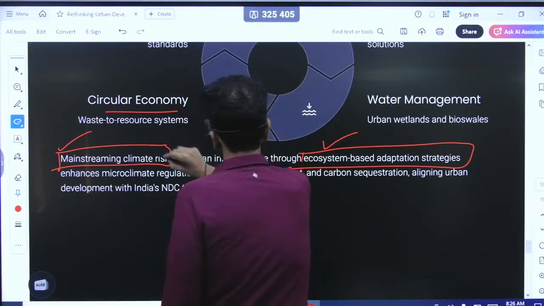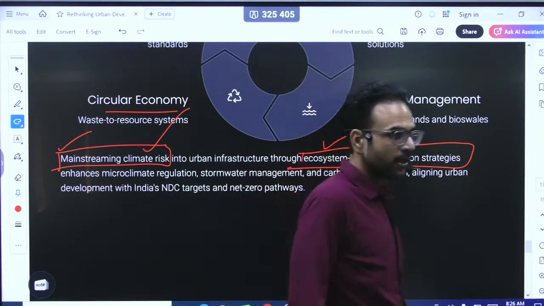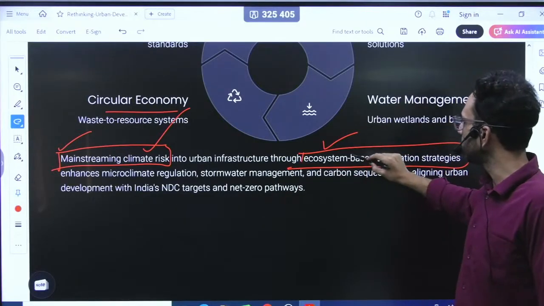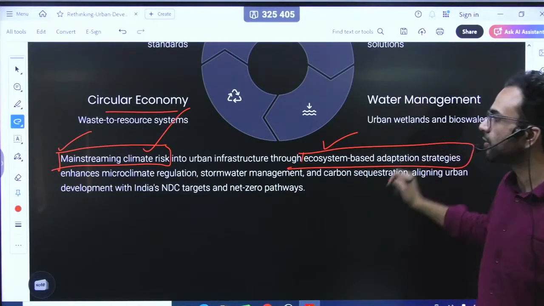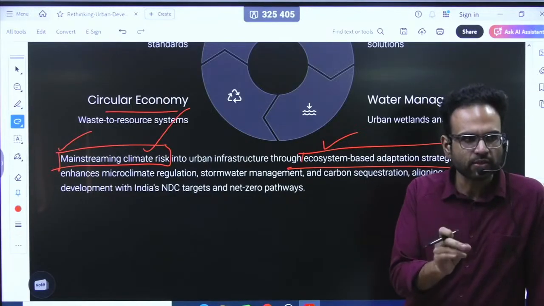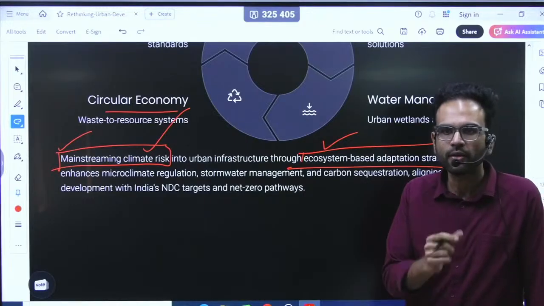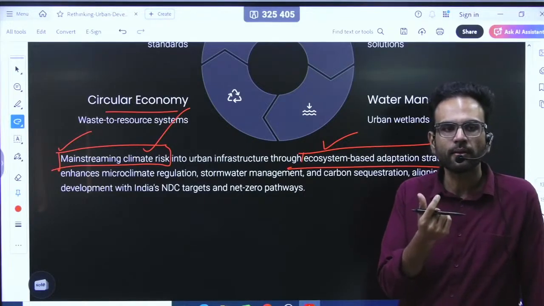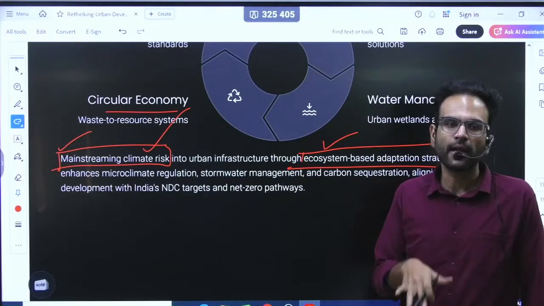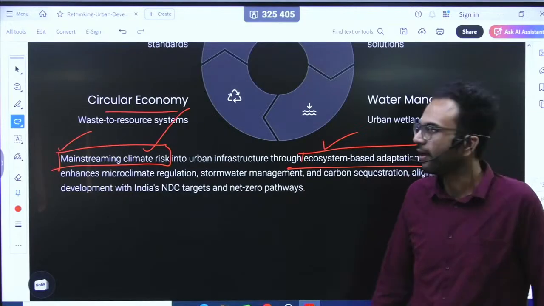Please note these two phrases: mainstreaming climate risk and ecosystem based adaptation strategies. Using this phrase will help you communicate the importance of integrating climate issues into urban planning in the shortest possible way.